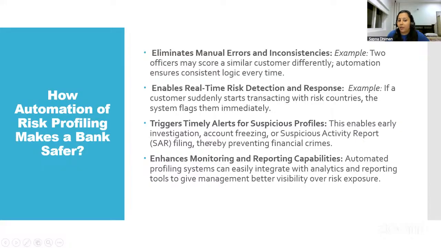Suppose we have opened the account and the system has categorized the customer as a high risk profile, and any suspicious activity happens, that also we can make automated. Suppose he has deposited 20 lakhs in a savings account in one day. That is a suspicious transaction, and according to the risk profile, it can be identified easily.